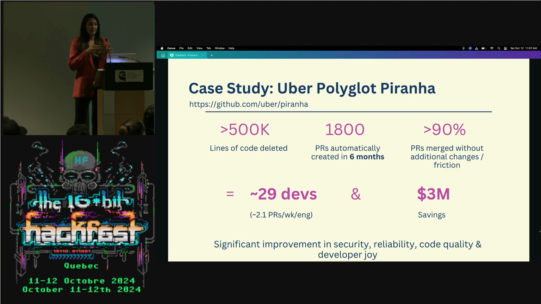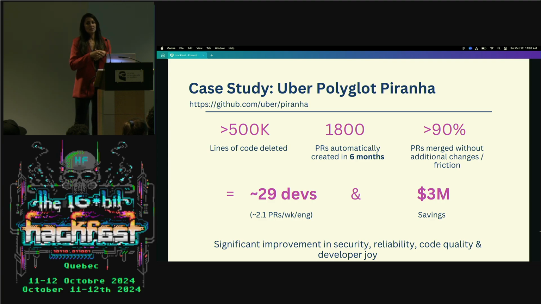So our development team built a tool called Polyglot Piranha to help clean it up. Over 6 months, Piranha deleted 500,000 lines of code, which resulted in 1,800 PRs, and 90% of those PRs merged without any friction. To put this in perspective, that was like the effort of about 29 developers.